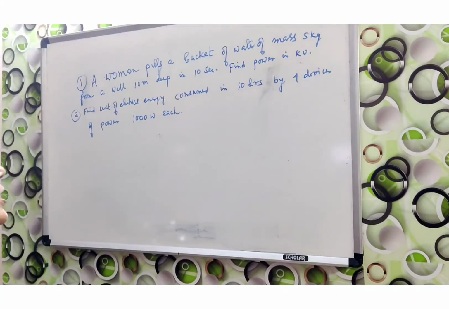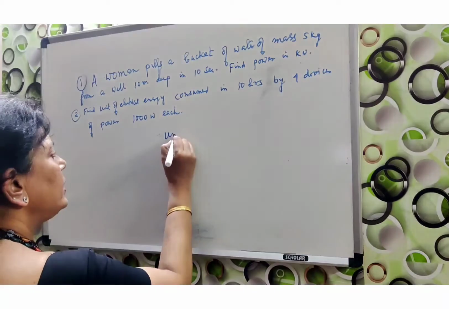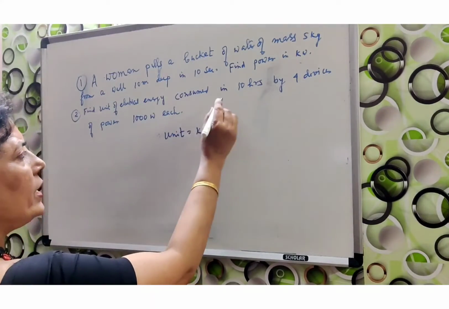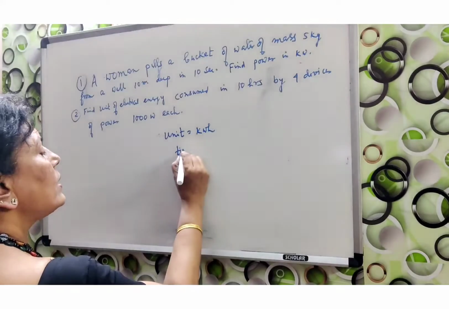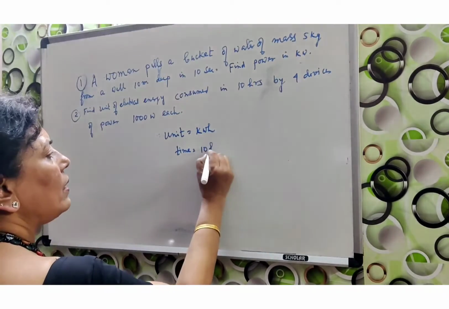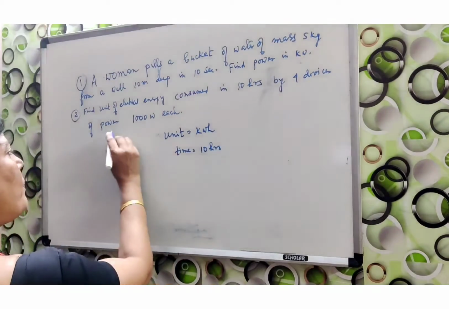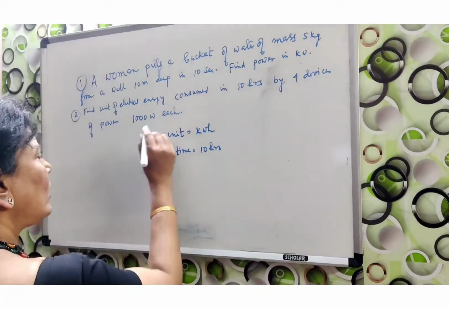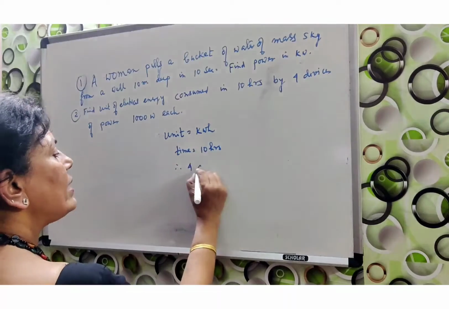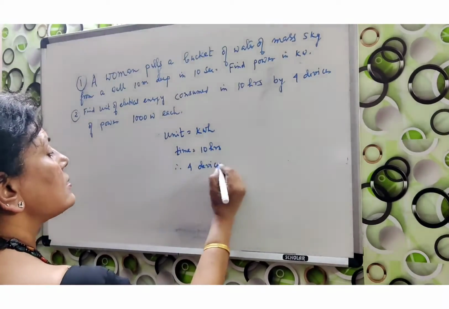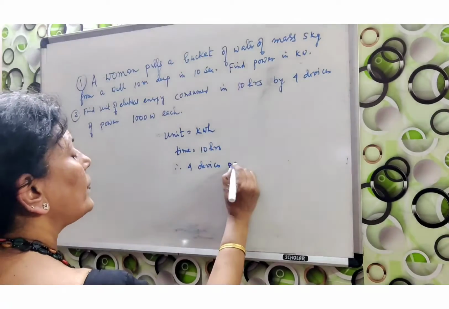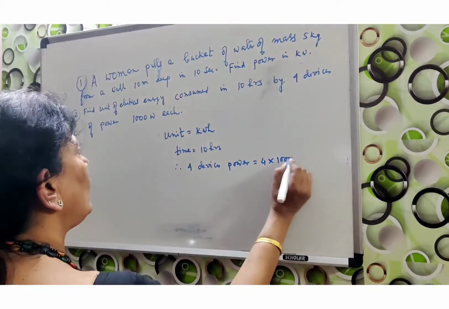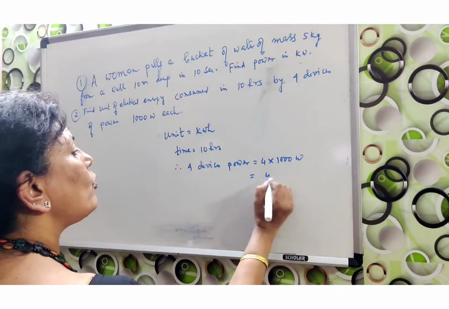Find the unit of electrical energy. We know the unit of electrical energy is kilowatt hour, consumed in 10 hours. Here time is equal to 10 hours, by 4 devices of power 1000 watt each. Since 1000 watt each, for 4 devices power is equal to 4 into 1000 watt, that implies 4 kilowatt.